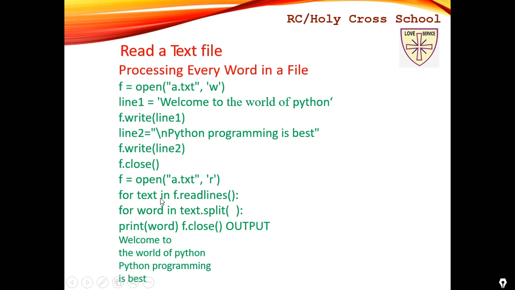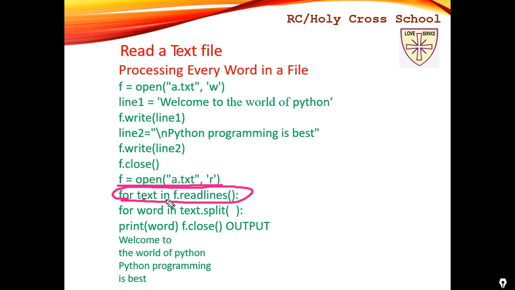Okay, what is this? A concept is here. I'm going to show you a concept here, just check it out. We have opened the file in read mode. For loop, you know, I taught you in class 11. So here one syntax is for loop. Check out: for text in f dot readlines.